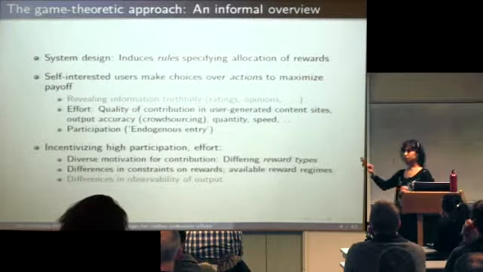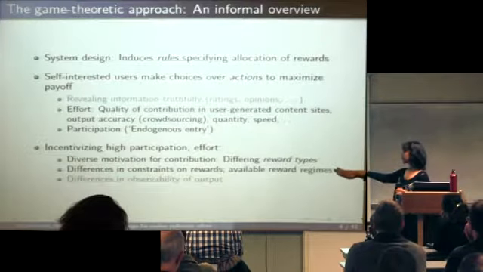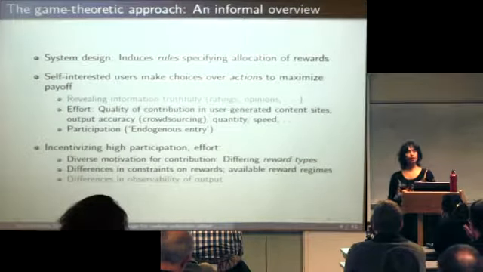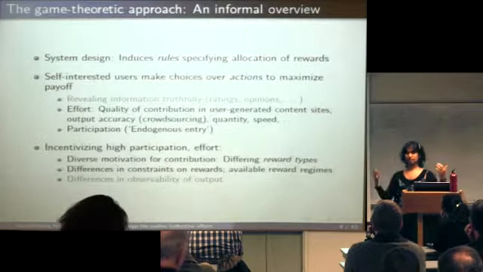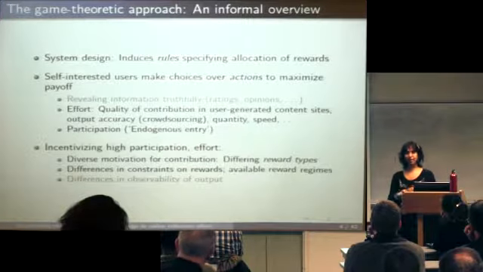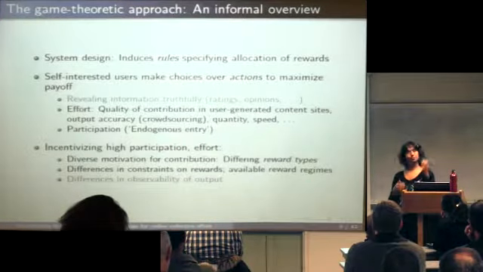And of course, there's also, this is something again we're not going to talk about very much in this talk, differences in observability of output. And what I mean by that is this. If you think about a crowdsourcing contest, which gets, let's say, 20 entries and the contest is some $20,000 contest, the person giving out those $20,000 is probably very willing to sit down and examine those 20 solutions and decide which one is best.